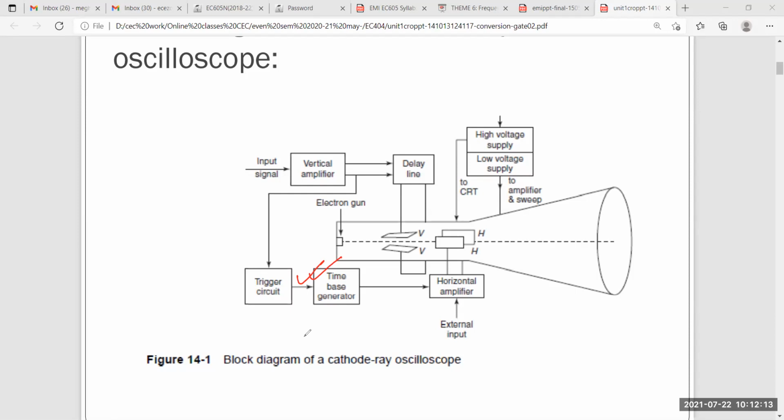In order that the beam deflects linearly from left to right, some voltage must be applied to the horizontal deflection plates.